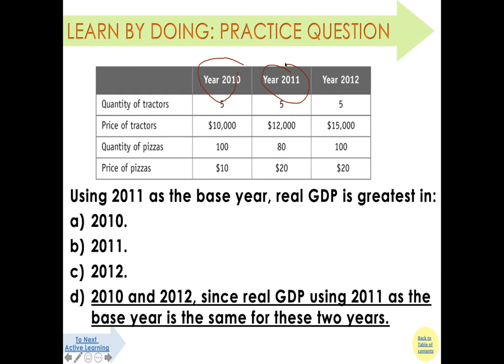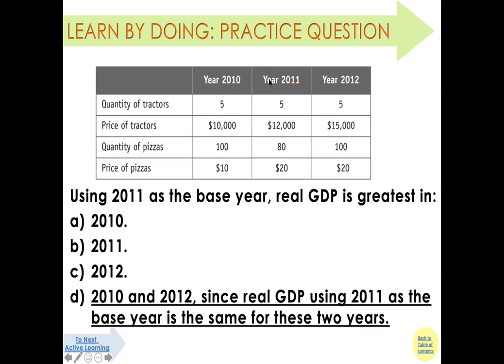We look at real GDP because otherwise you may get inflation from the price change. When we look at real GDP in this example, we can use 2010 as the base year, or we can use 2011 as the base year.